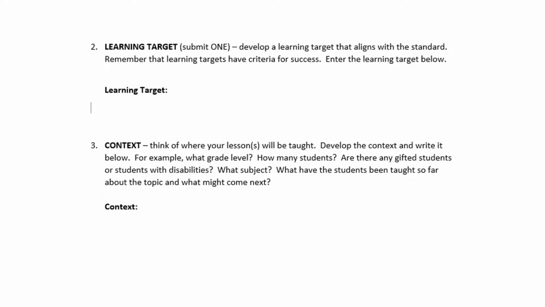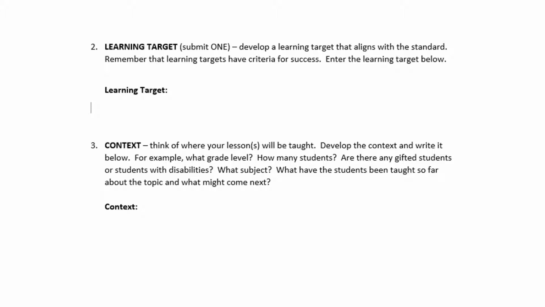The next thing you're going to do, as we've done before, is to think of one learning target that aligns with the standard. And this should be a learning target that can be assessed with a performance task. So it should require the students to do something: write an essay, complete math problems, do a musical solo, do a skit, anything that requires a performance rather than just a selected response like multiple choice.